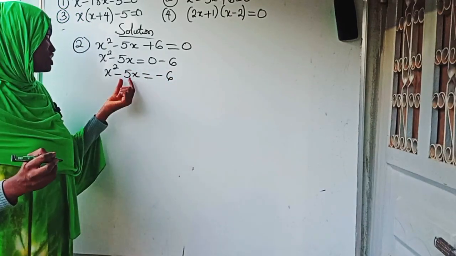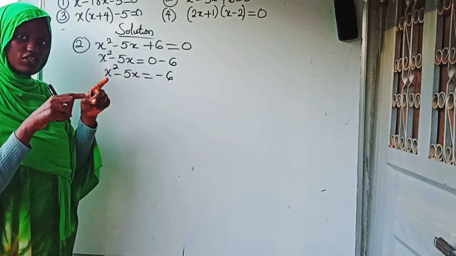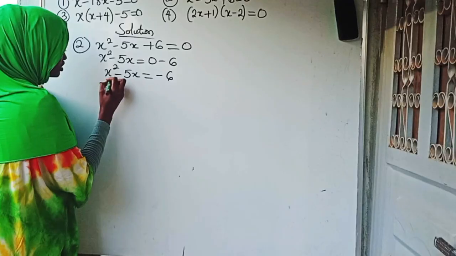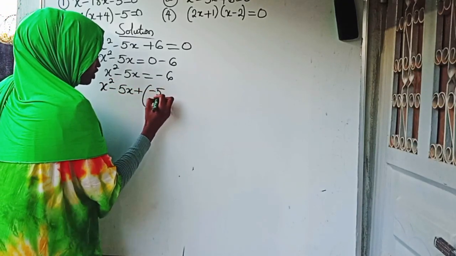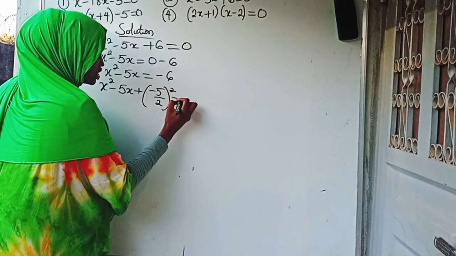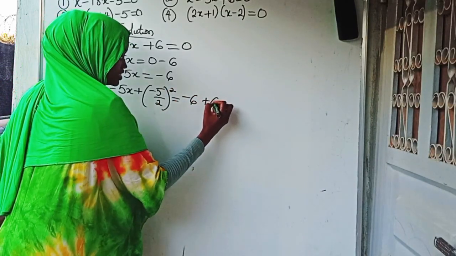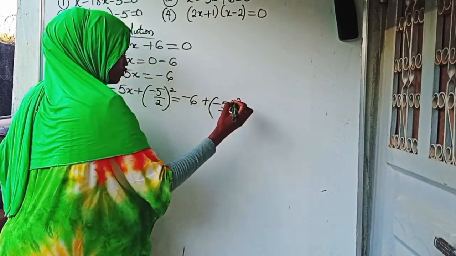The next step, we take half of the coefficient of the middle term, that's the second term, square it and add to both the left and the right hand side. So this becomes x squared minus 5x plus minus 5 over 2 squared, which is equal to minus 6 plus the same value on the right hand side, minus 5 divided by 2, all to the power of 2.